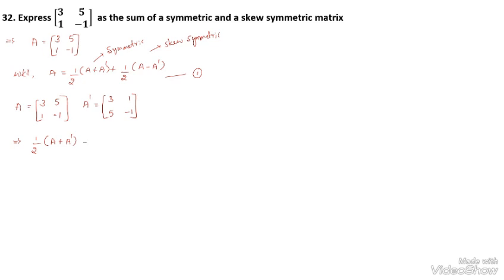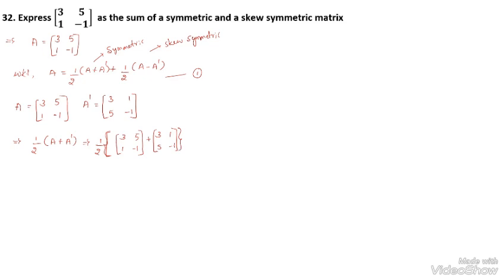Now 1 by 2 of first the A matrix containing the elements 3, 5, 1, minus 1 plus 3, 1, 5, minus 1.